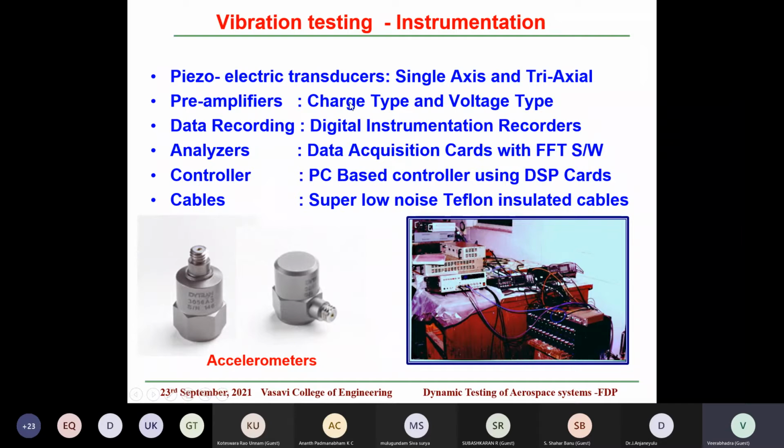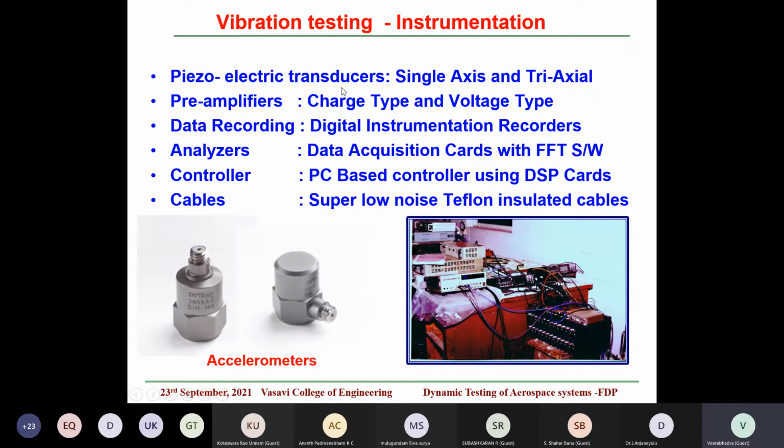And why do we use accelerometers? Because the bandwidth of accelerometers is very high. They can sense very low vibration also, and they have wide ranges. They can be mounted in any place and are very small, so they have many advantages compared to displacement and velocity measurement systems. That is why accelerometers are widely used, and they are categorized as uniaxial, sensing motion in one direction, or triaxial, sensing motion in three axes, and so on.